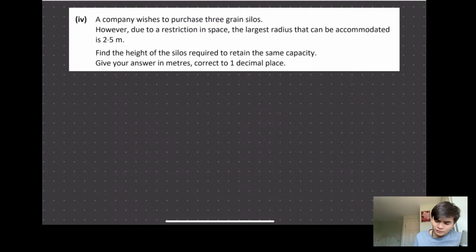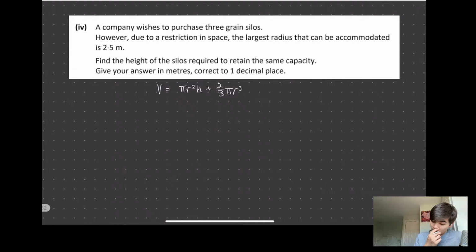We worked out the volume for one of these shapes earlier. Okay, so that was pi r squared h plus 2 over 3 pi r squared. So remember the shape of that silo from the first bit of the question, and we want the same capacity.